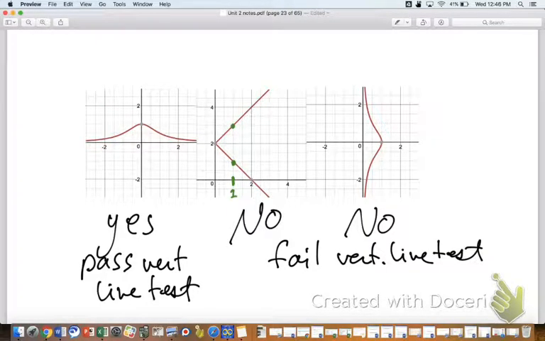If the input is 1, the outputs are 1 and, positive, 1 and 3. Do you see how the 1 has two different outputs? And do you see how that would fail the vertical line test? It's a good connection back to what we started our class with.